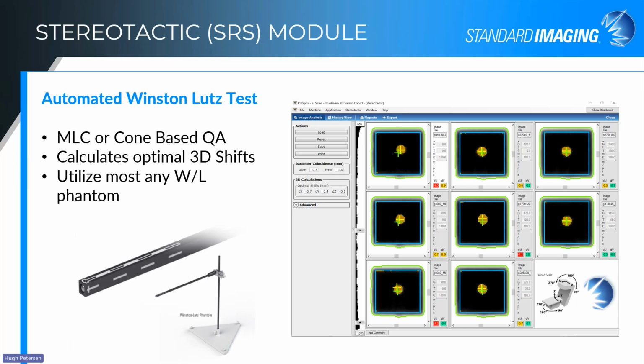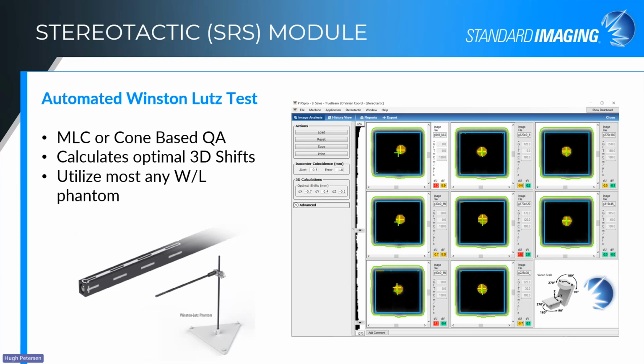So it doesn't have to be any specific type of phantom. I've seen some users do a BB glued to the end of a stick as well. So as long as you can get a ball in the center of the rotation, you can do the Winston-Lutz test.